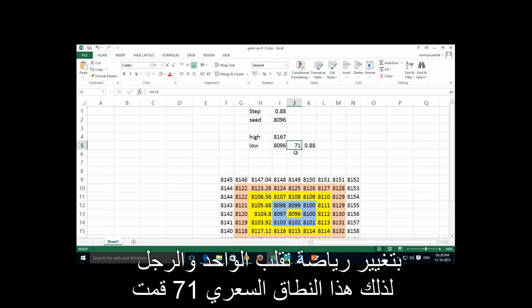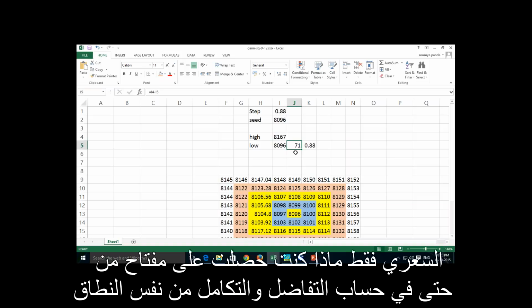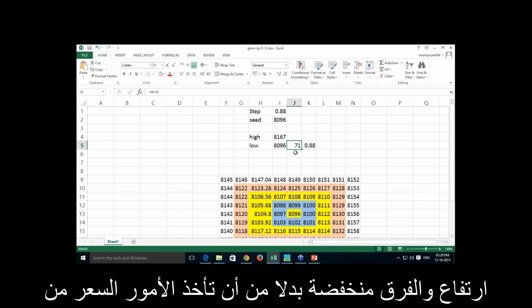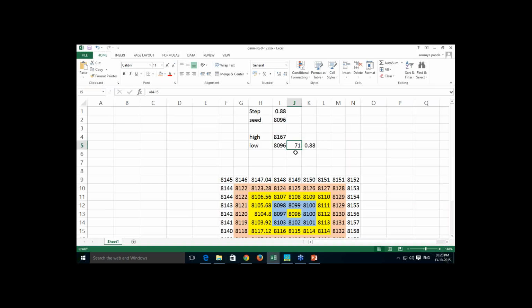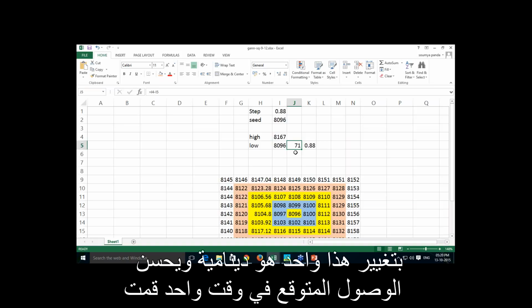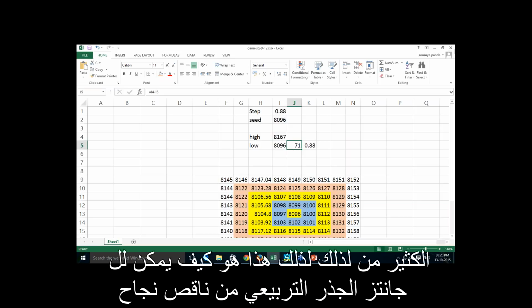So this price range of 71 you change as per the volatility estimate, and the remaining calculations are the same. Only the price range you take from a high and low difference, instead take the price range from the expected volatility. Once you change this, it is dynamic and it improves the success of Gann's square of 9 manifold.